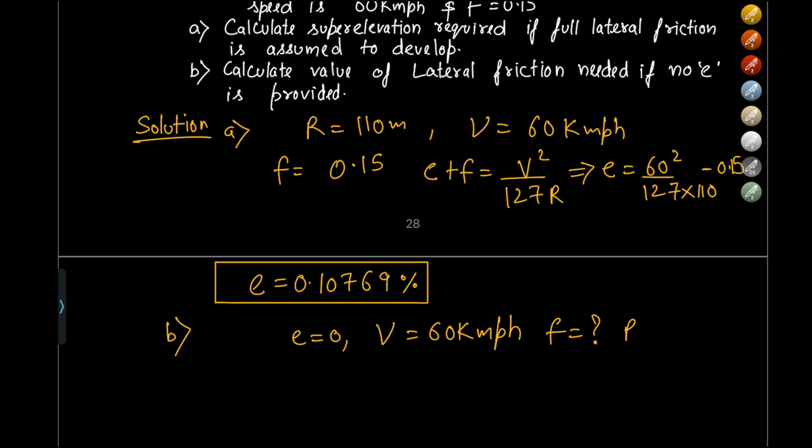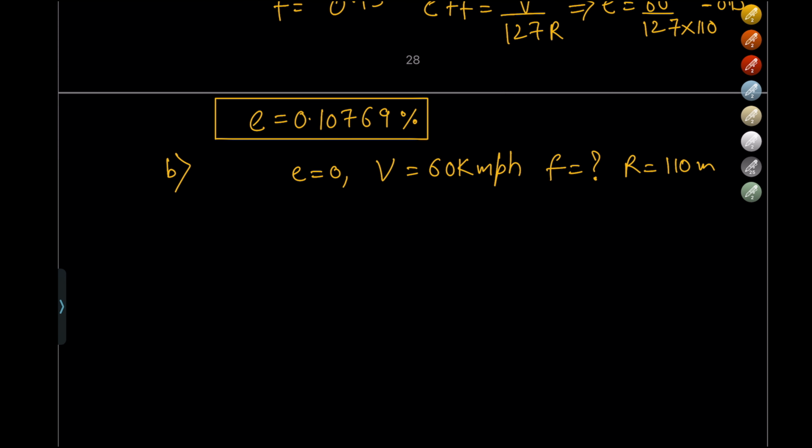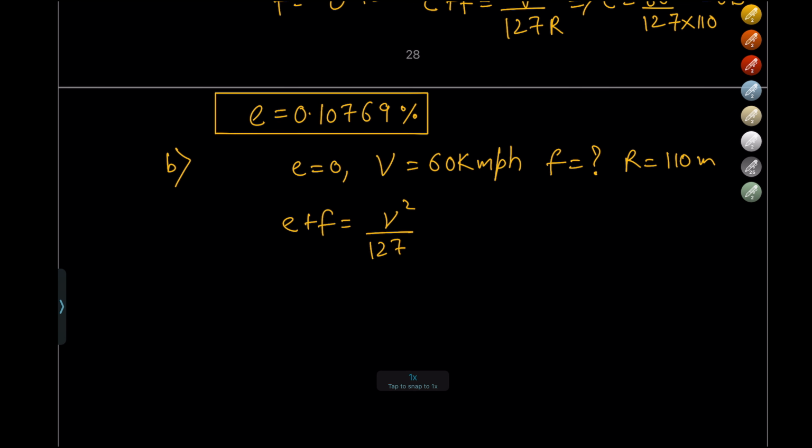R is equal to 110 meters. So E plus F is equal to V square upon 127 R, where E is equal to 0, F needs to be calculated, and V is 60 square upon 127 multiplied by 110.